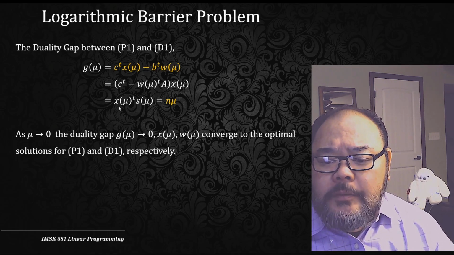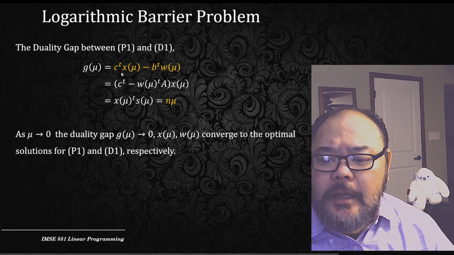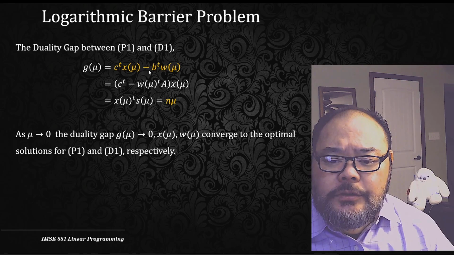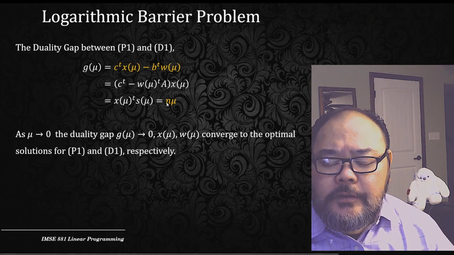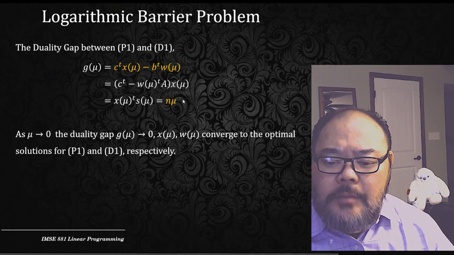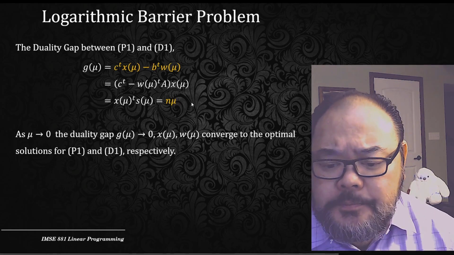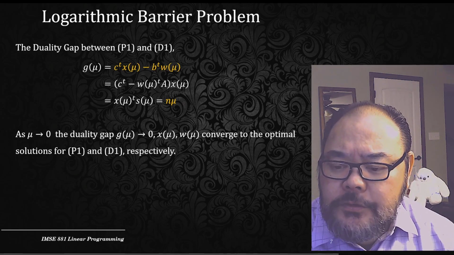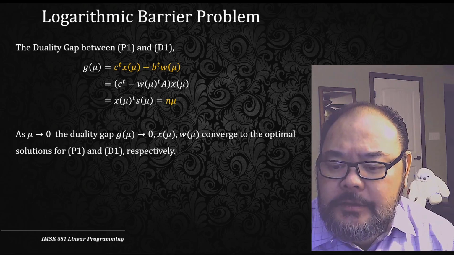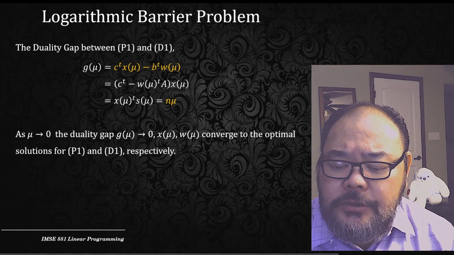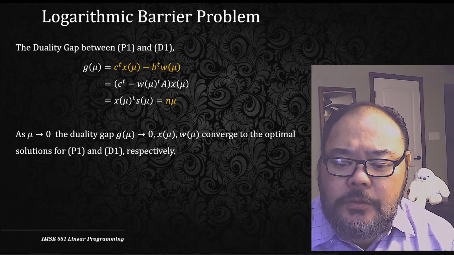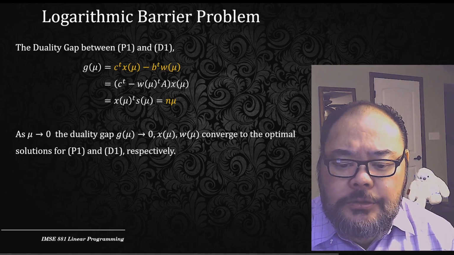So from here on, we can see that the duality gap from the primal objective function to the dual objective function is n times mu, and mu is the barrier parameter. So as mu converges to 0, the duality gap g of mu is also going to approach 0.